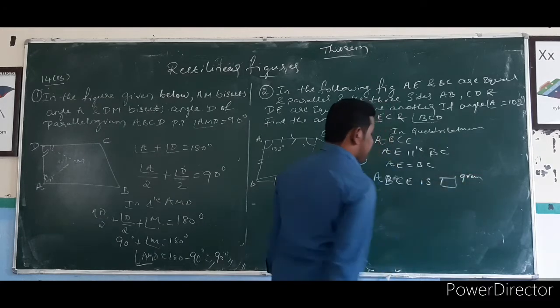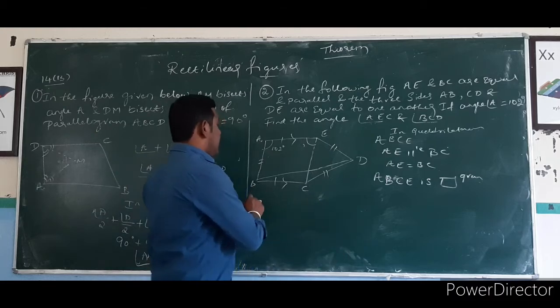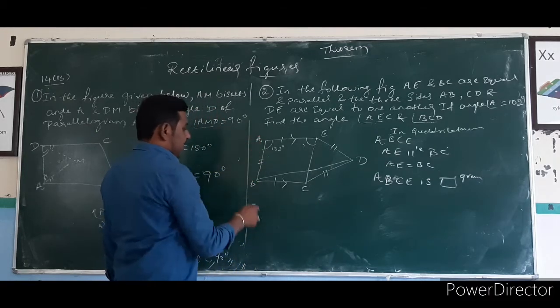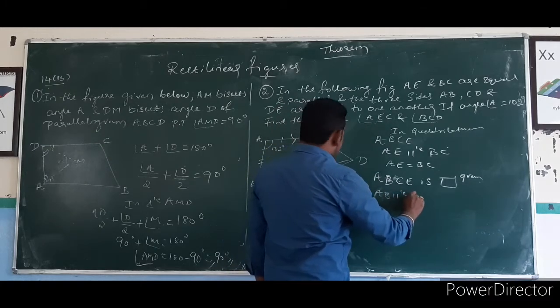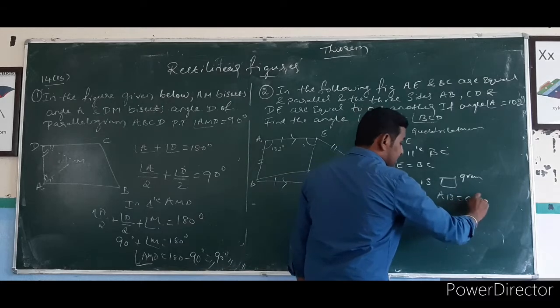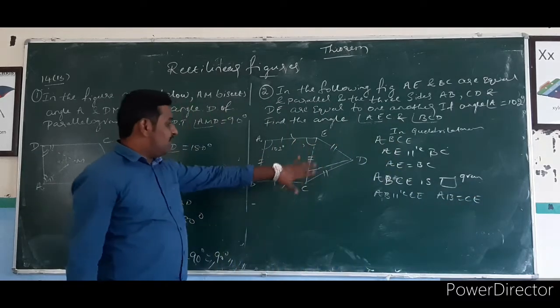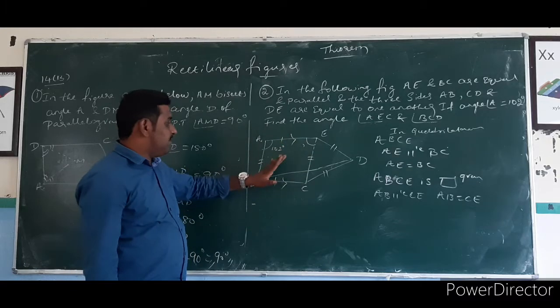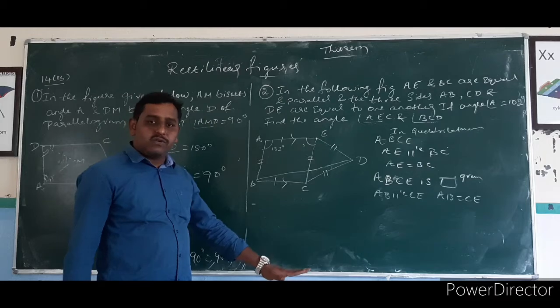If it is a parallelogram, what about these two sides? AB is parallel to CE, and AB is equal to CE also. This length is also equal. Once we prove this is a parallelogram, and these two pairs are equal and parallel, then what about the other two sides?